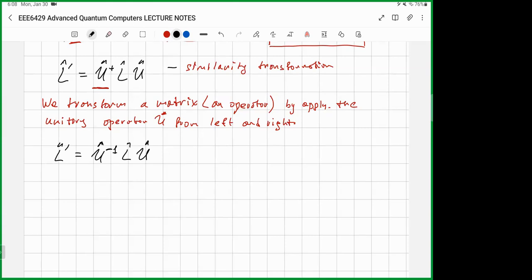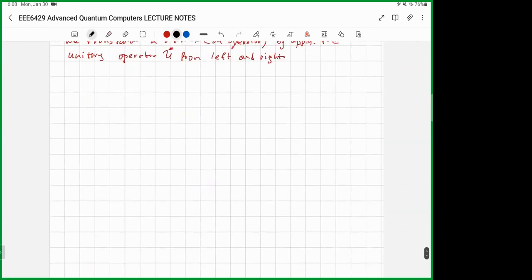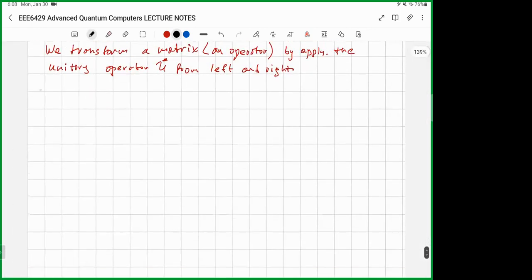But since we are dealing with the complex Hermitian space, we have to take into account that these matrices are complex, and we have to take the Hermitian conjugation of the unitary operator. Very good. So this was the first aside, and now the second one.